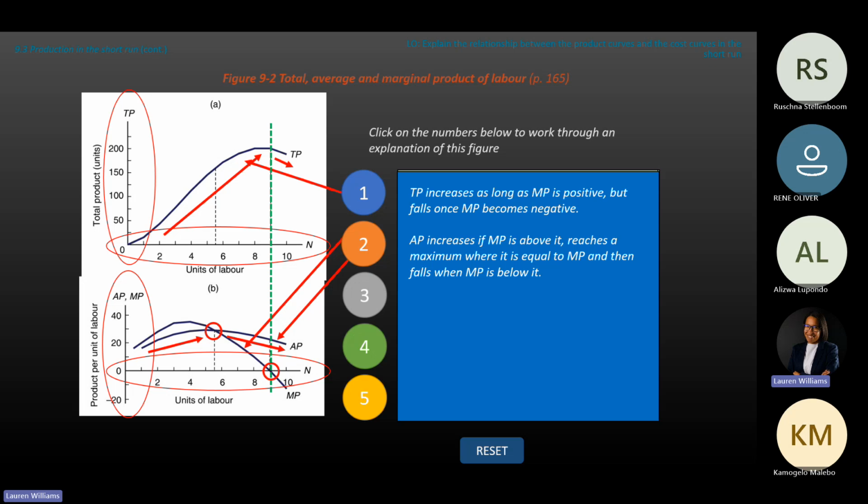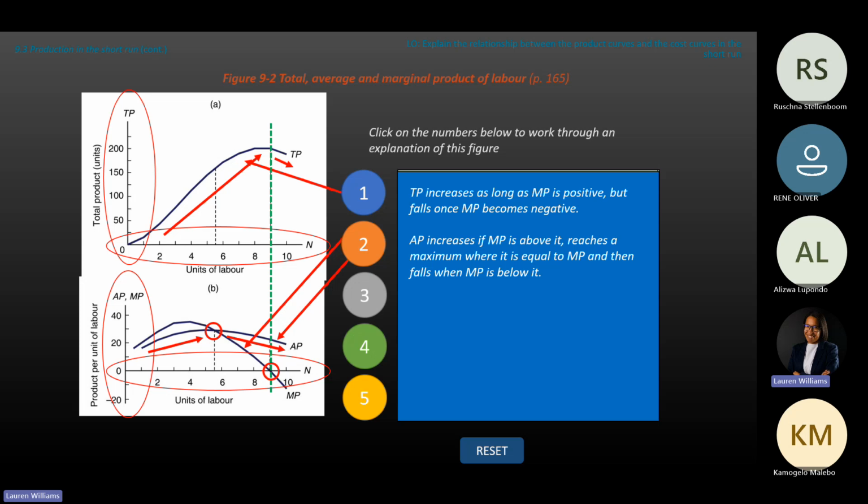And then when your 2 curves intercept, your total product then starts to increase at a decreasing rate. Okay, so that's at this point, that one. There we go. So there we are, exactly in the middle.